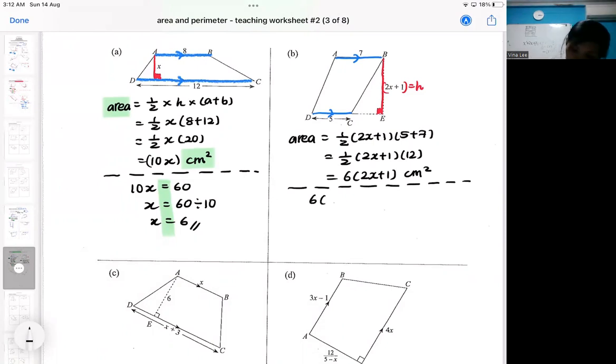So whatever your algebra, equal to 60. You can expand out, or in this case, actually, it will be easier if I divide by 6. Then I minus 1 on both sides.